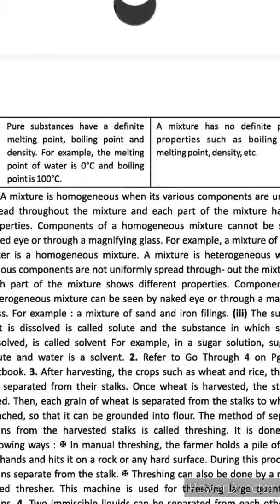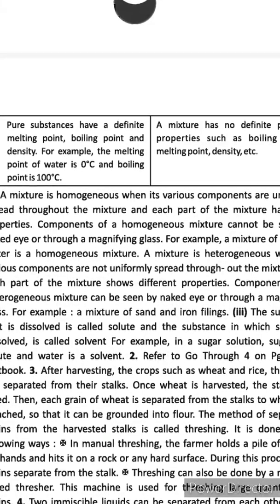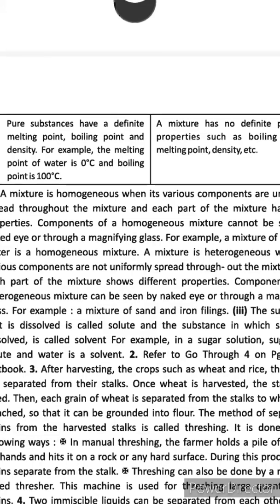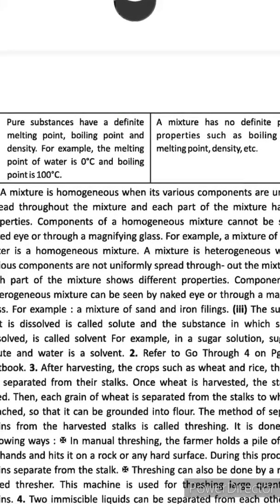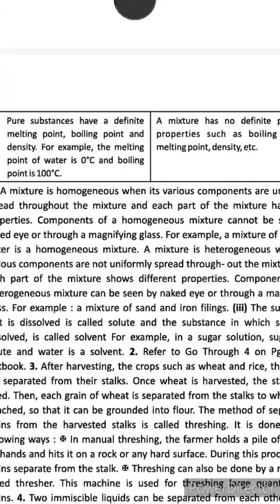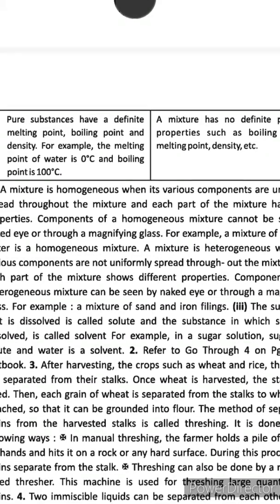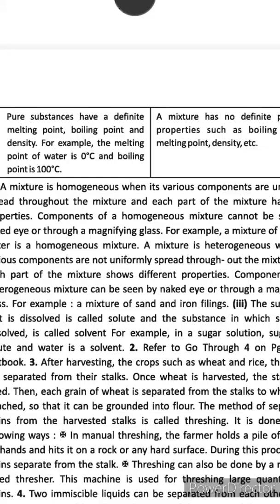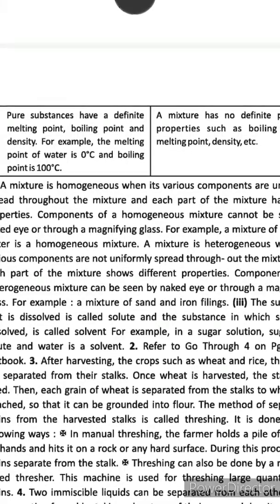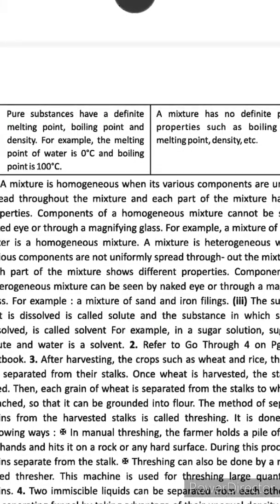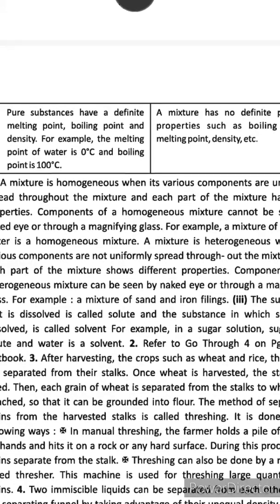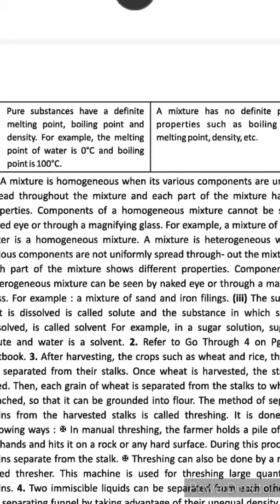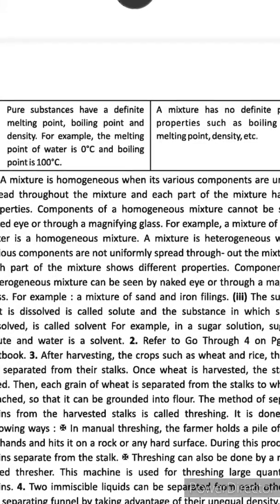Once wheat is harvested, the stalks are dried. Then each grain of wheat is separated from the stalk to which it is attached so that it can be ground into flour. The method of separating grains from the harvested stalk is called threshing.